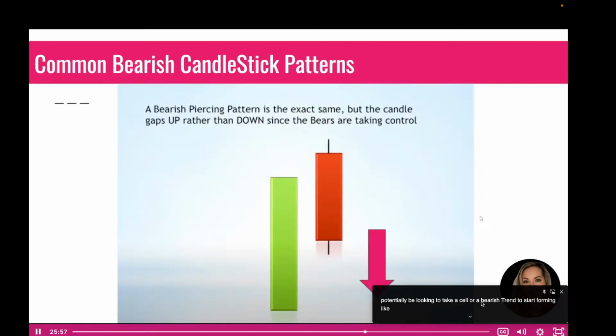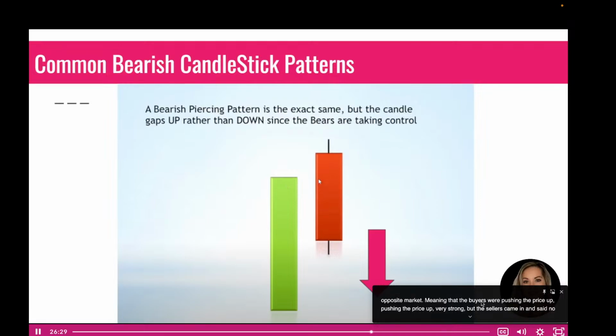Like we saw on the bullish side, there was a piercing pattern. There is also a bearish piercing pattern. Same concept here, but flipped. So you would have a strong bullish candle that prints, and then it is met with an extremely strong bearish candle that is accounting for 50% of that movement that the previous candle made from the opposite market, meaning that the buyers were pushing the price up very strong, but the sellers came in and said, no way.